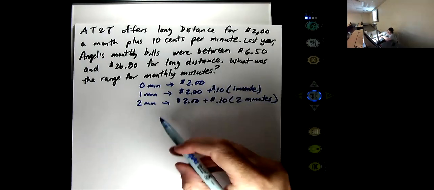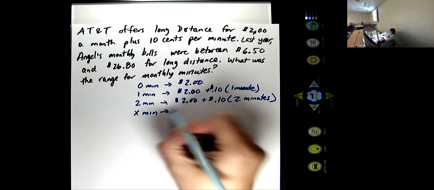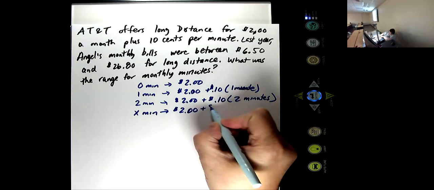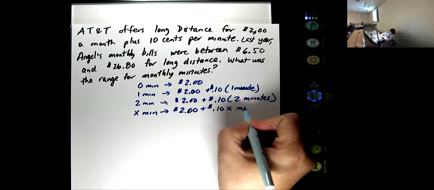We don't know how many minutes she had. Following this pattern, it's $2 plus 10 cents times x minutes.